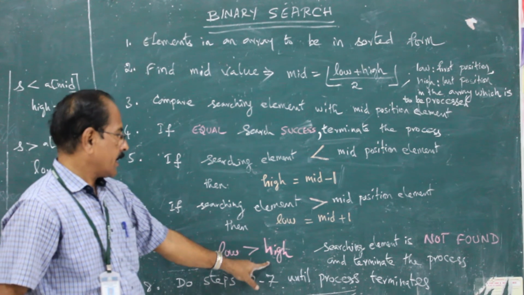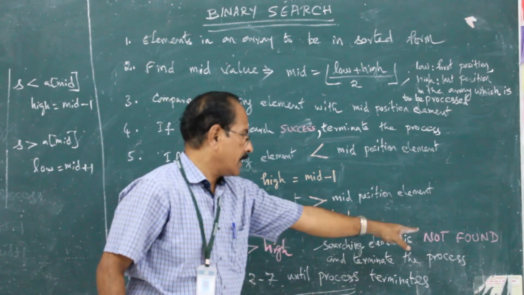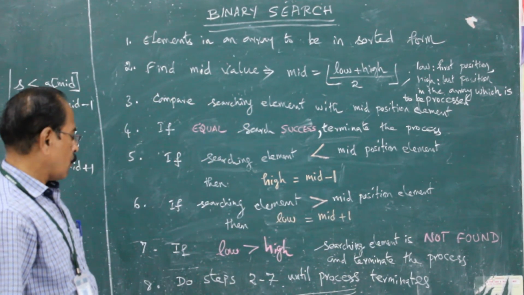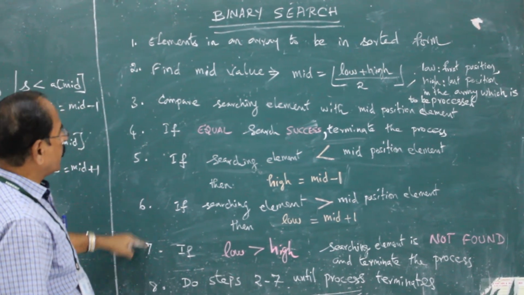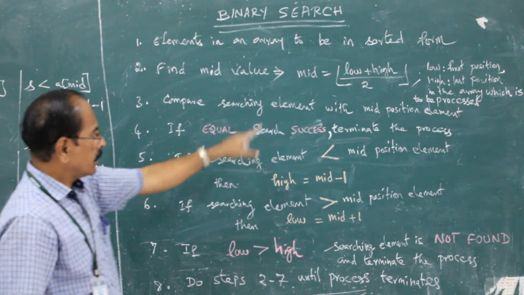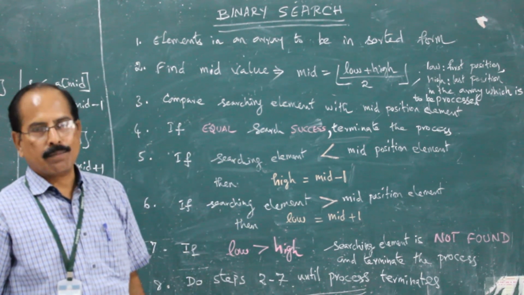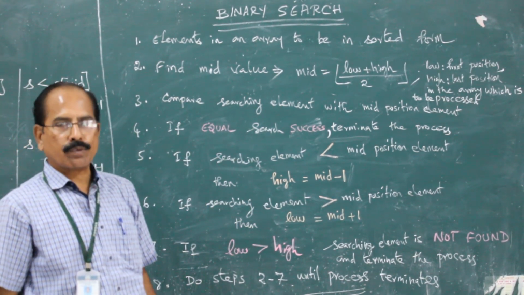If low is greater than high, then we conclude that the searching element is not found. Otherwise, we repeat the process from step 2 to 7 until the process terminates. This is the binary search process.